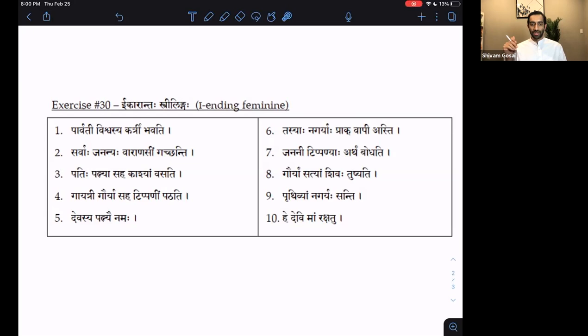And Varanasi is the name of the city. So what case is jananyaha? You can write it with your fingers or type in the chat. Let's go through the cases.